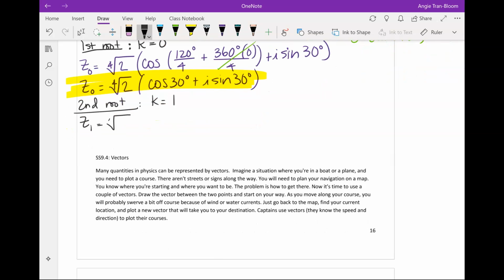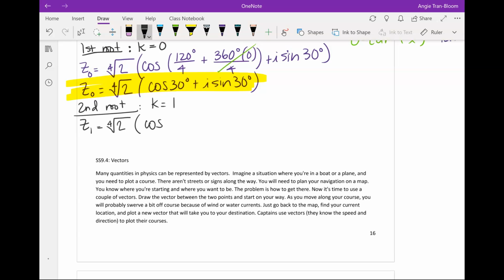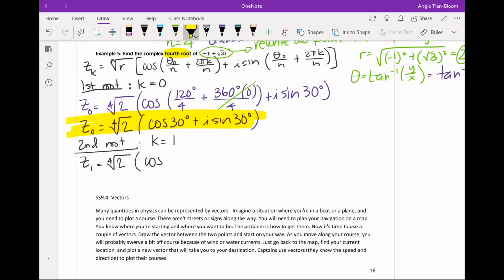Fourth root of 2 cosine, okay? Now, would you agree this would never change? The theta divided by n, that first piece, which in our case is 120 degrees divided by 4.